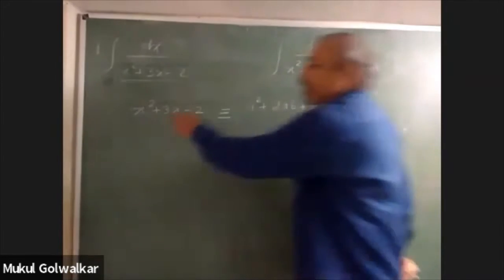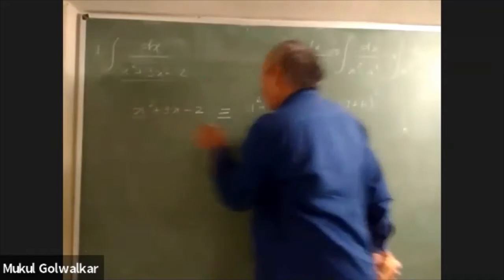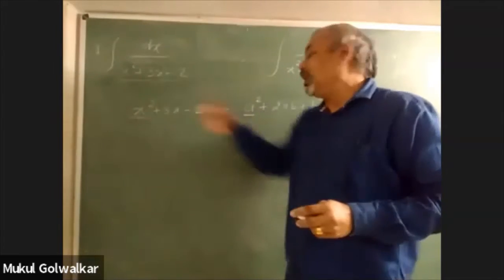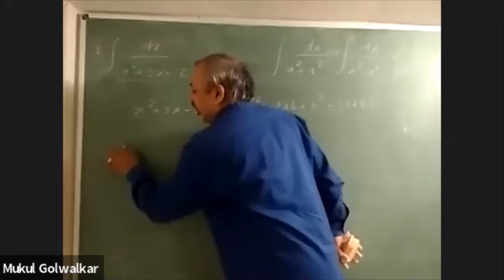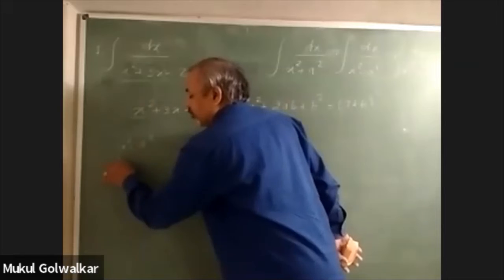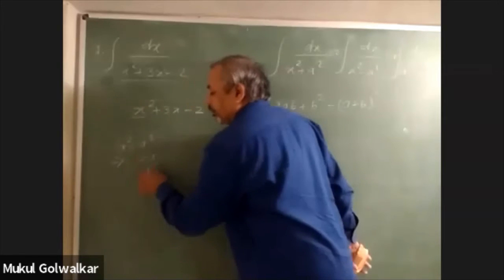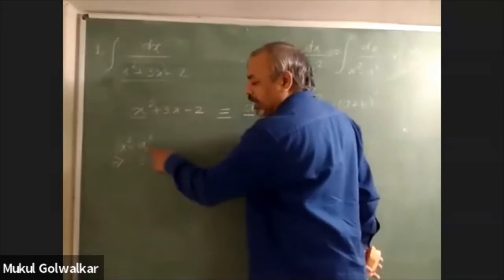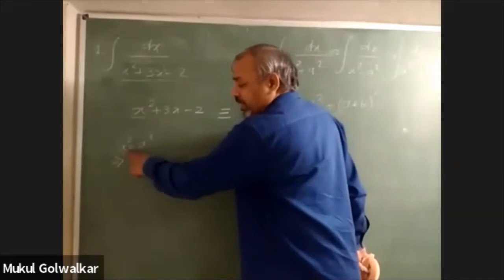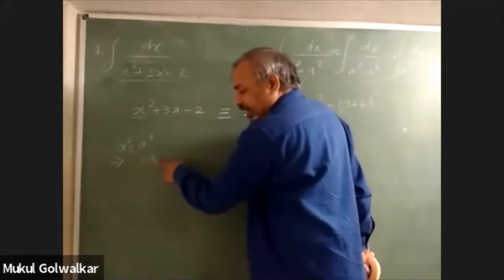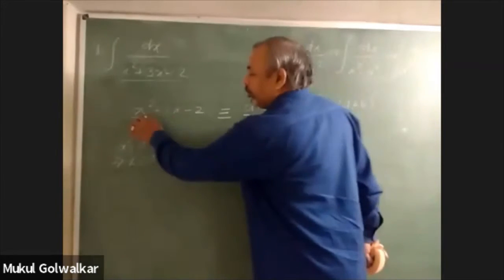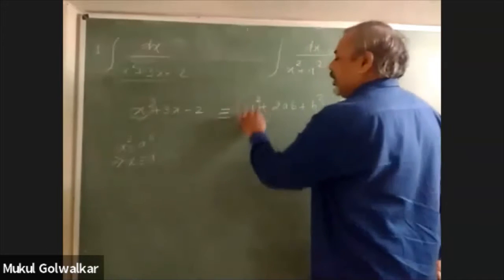Then we go for comparison of each and every term. Suppose the first term is x square, I compare it with a square. So I can write x square is equivalent to a square, which implies a is equivalent to x. So the comparison of the first term has been done.